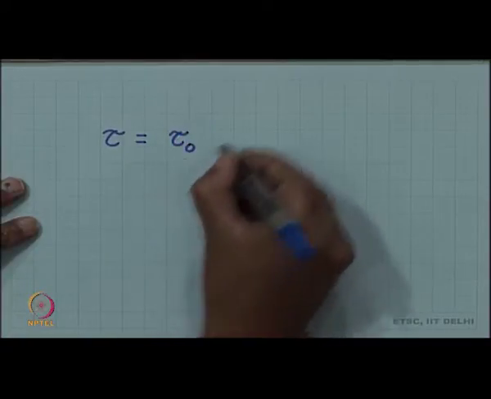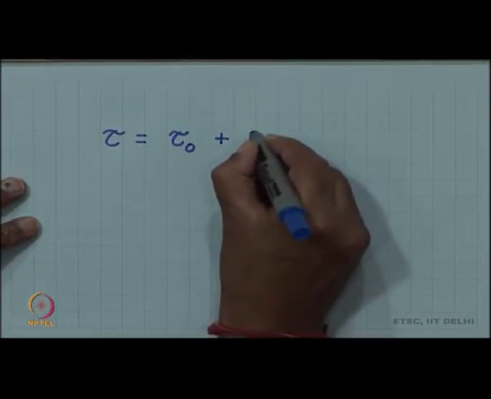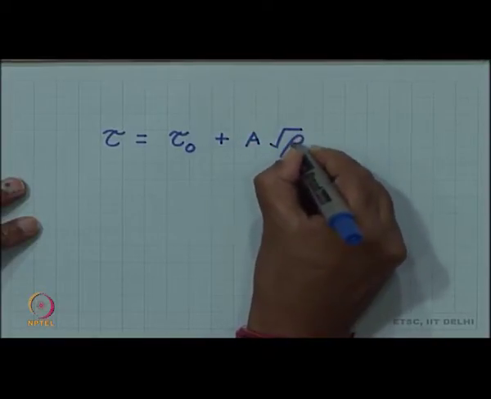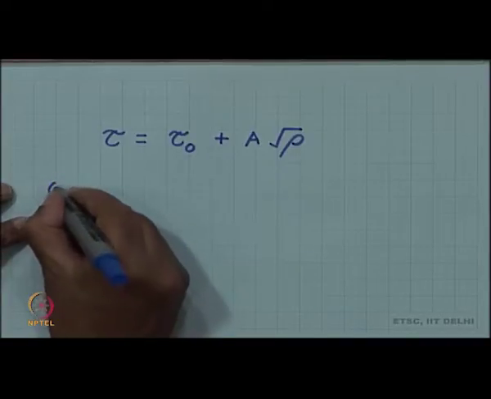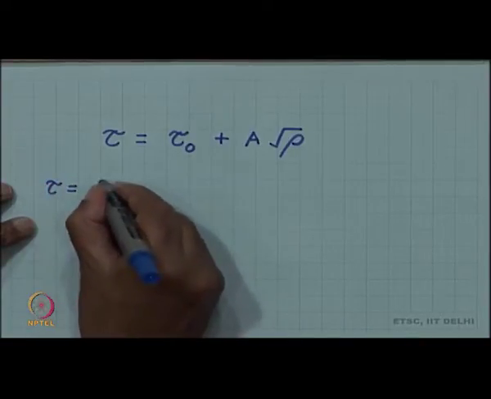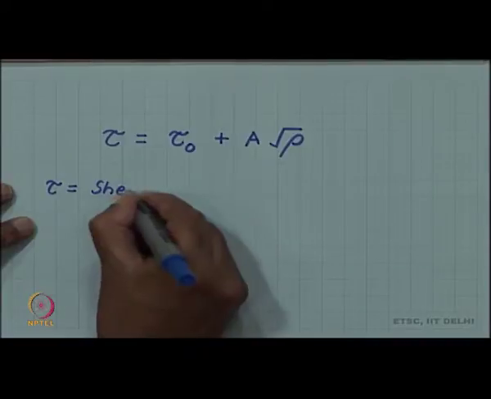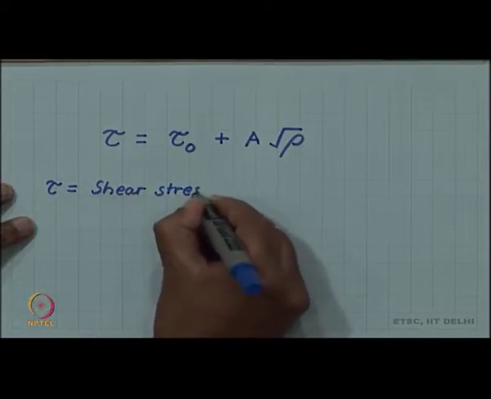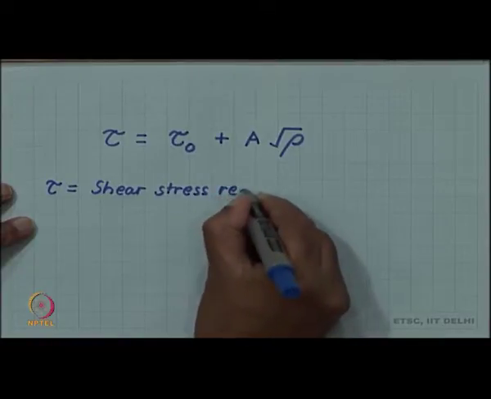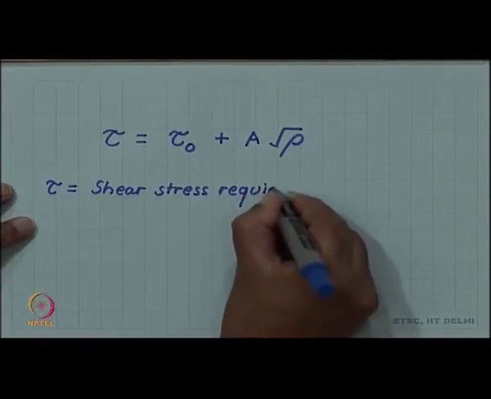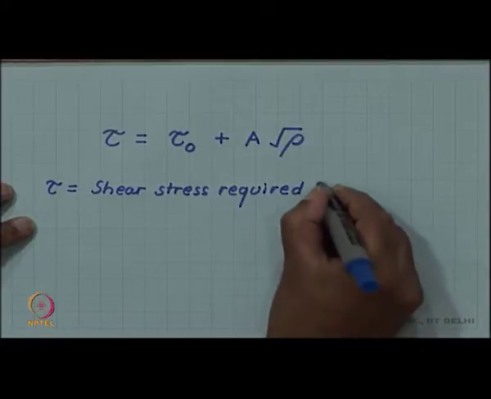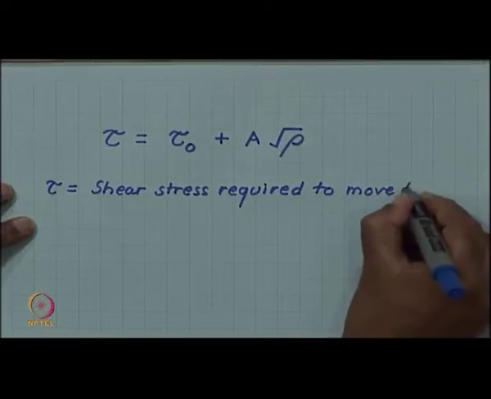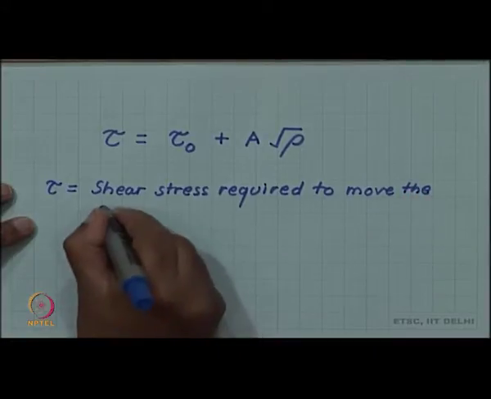We can write the relation as tau is equal to tau naught plus A square root of rho, where tau is the shear stress required to move the dislocation.